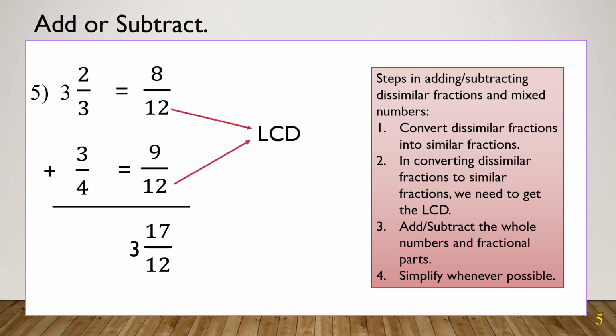So, anong gagawin natin dun sa whole number 1? Since na meron na siyang whole number 3, i-add po natin yung whole number 1 sa 3. So, ang whole number 3 ay magiging na siyang 4. So, yung 5, copy the remainder 5, then copy the denominator, 12. So, your final answer is 4 and 5/12.